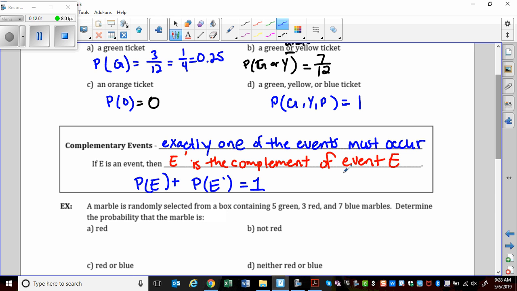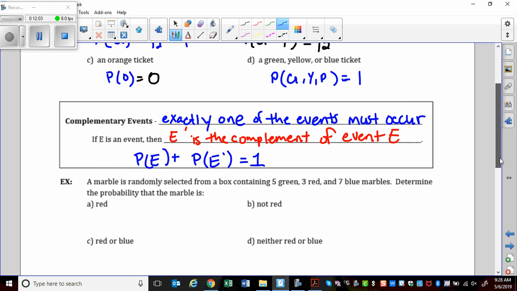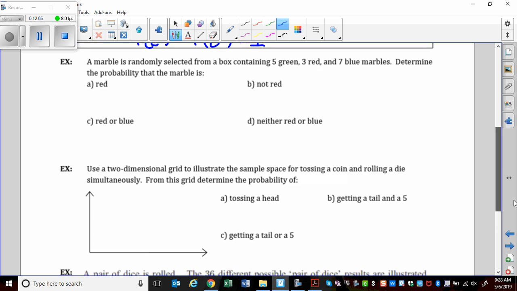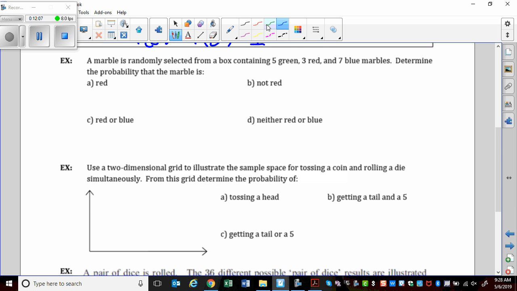It's guaranteed. A marble is randomly selected from a box containing 5 green, 3 red, 7 blue marbles.